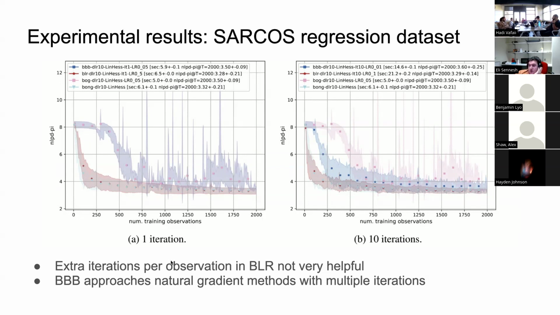Would that not be maybe a problem? Yeah, that's a problem. I'm basing this on the equation in BONG, but in BLR, it's clear in their equations that the Fisher is always evaluated at the posterior, which is the right thing to do, and which is what we did also. But the BONG equations seem to suggest that it's evaluated at the prior predicted distribution, which I don't think is good.